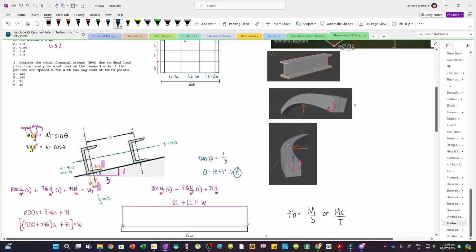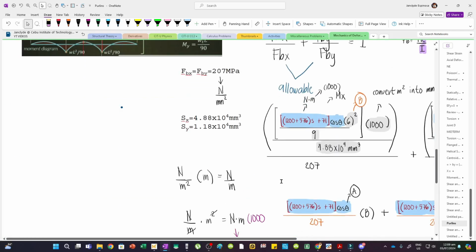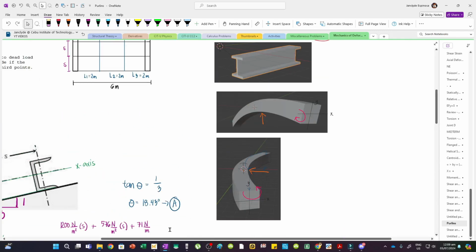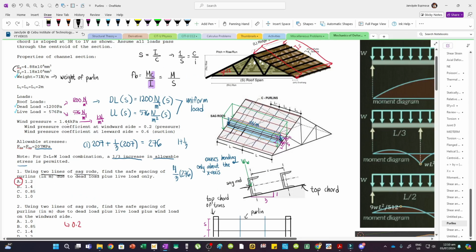And then again, the wind load, let's just rewrite it. We have a wind load acting perpendicular to the surface. So, this is WW for windward. And so, this directly causes bending about the X-axis. And so, what's gonna change is this expression for D plus L plus W. We have to add something to the bending about X. Now, what is the wind load? The wind load is expressed in kPa. So we have 1.44 kPa.